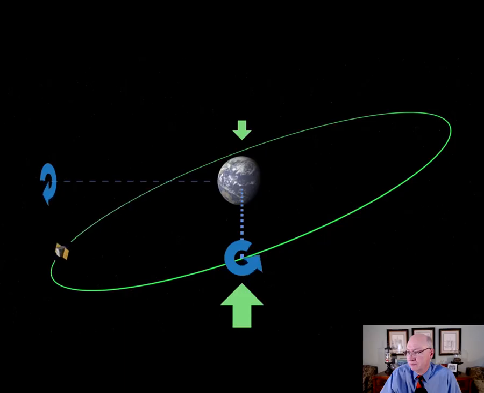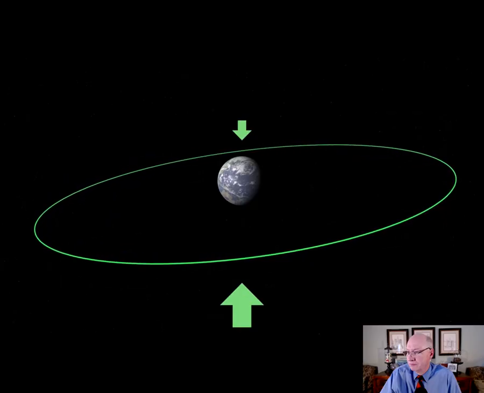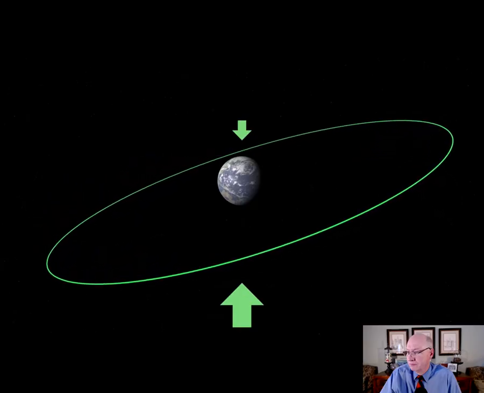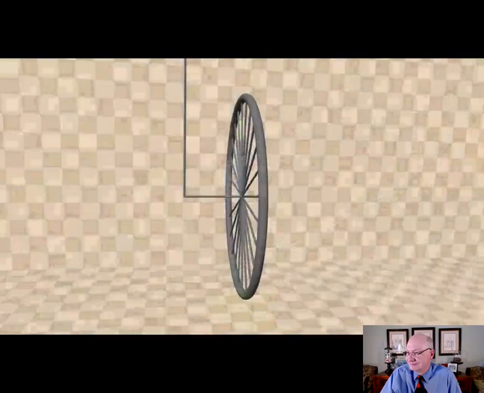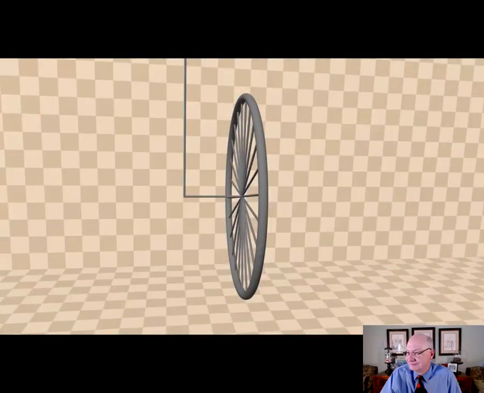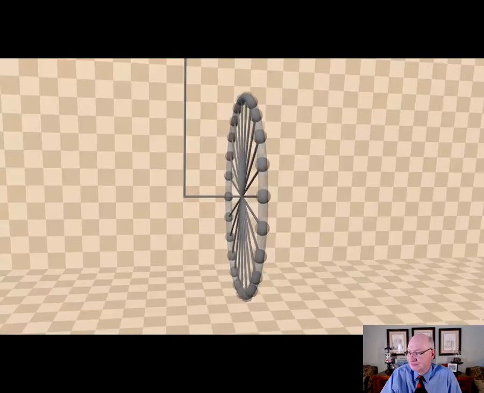Now before we continue, make sure you're completely comfortable with this idea. Pushing up on the satellite here causes the orbit to tilt like this. Feel free to pause the video, rewind, or even go ahead and play Kerbal Space Program until you get the idea. Now, let's look at the classic example of a bicycle wheel suspended from a rope. A bicycle wheel is obviously a solid piece of rubber, but I'm going to replace it with individual balls of rubber.